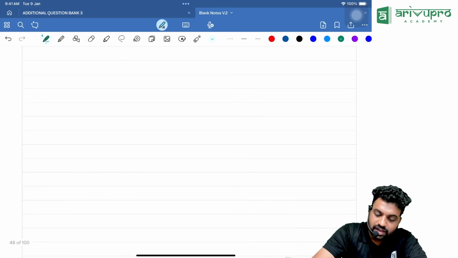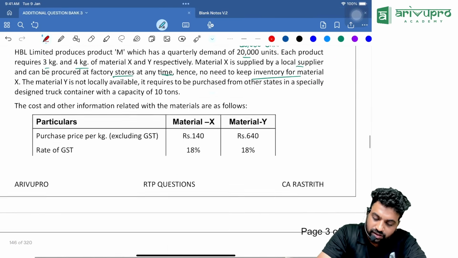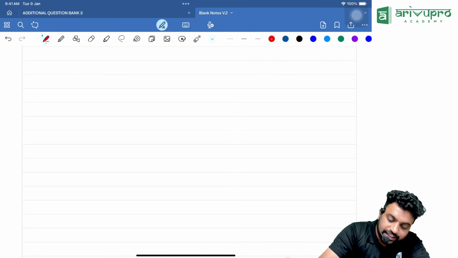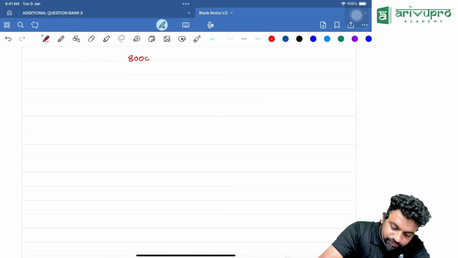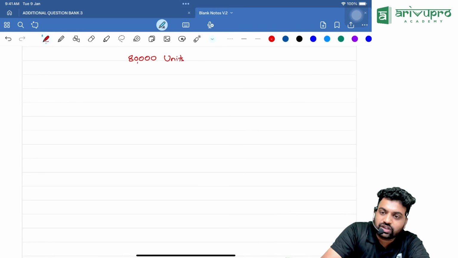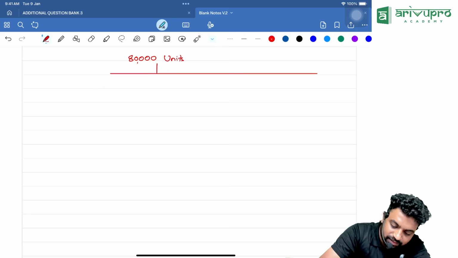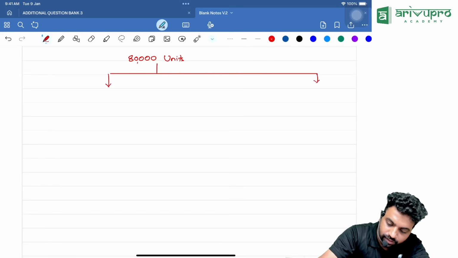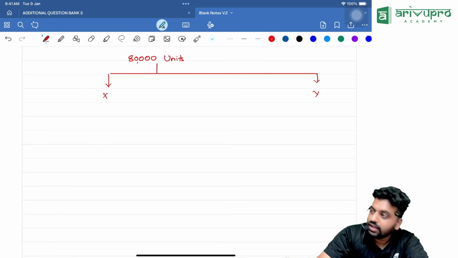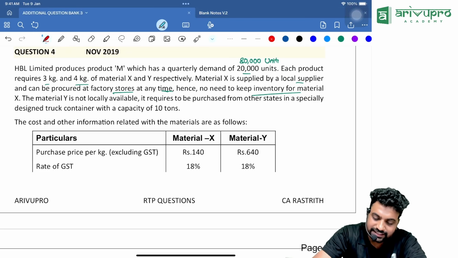Listen here. How many units is our annual requirement? We need to produce 80,000 units. Yes or no? If we need to produce 80,000 units, they are telling us it requires two kinds of raw material, X and Y. X required is 3 kgs, Y required is 4 kgs.